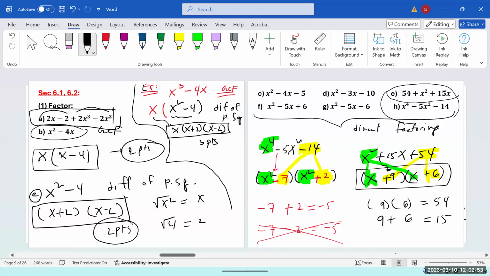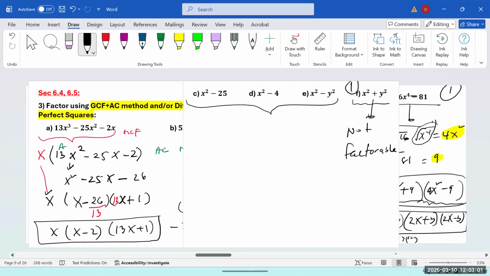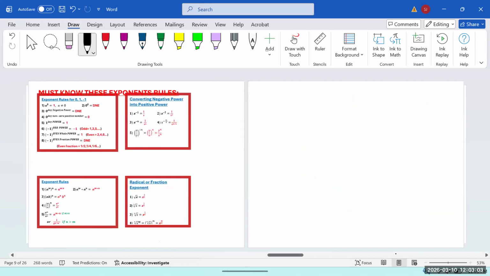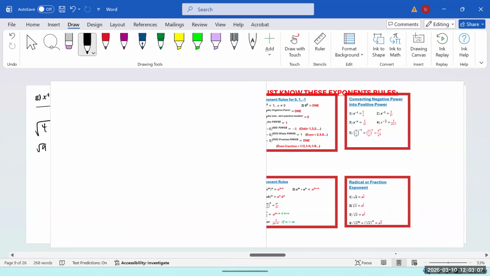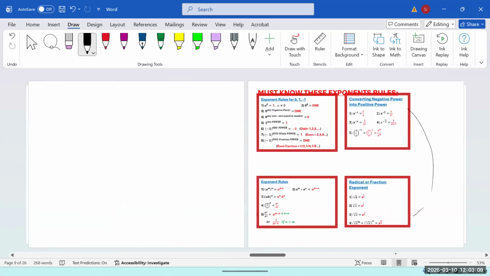Okay. Grouping method. 4 terms means grouping method. I always look for GCF. I wanted to go over all the rules, but since we don't have time, just review the rules by yourself. So remember, all these rules, make sure you know how to apply them, not just memorize them. Good luck.